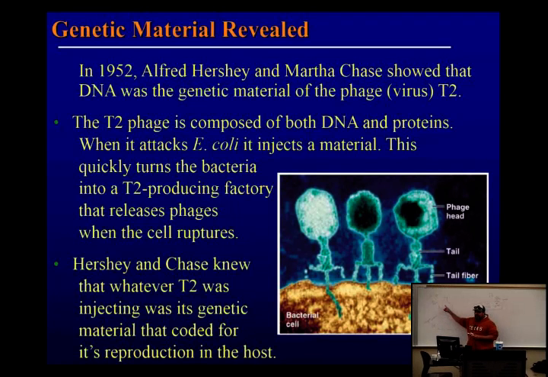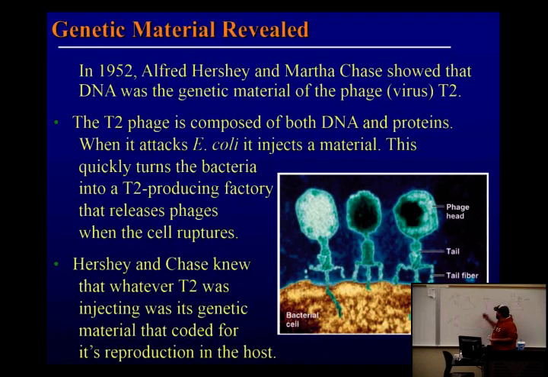They grew the bacteria in the presence of this radioactive material. So that would get incorporated into the DNA as they replicated. And then they centrifuged it. So you guys know when we centrifuge something, we get two phases. What is that? The pellet. And the supernatant.